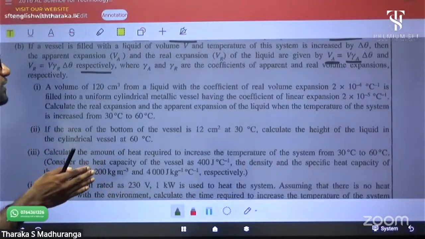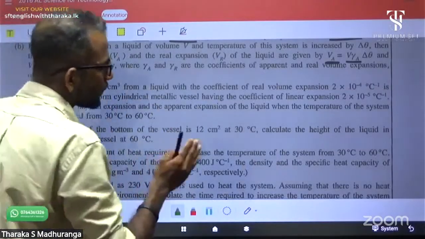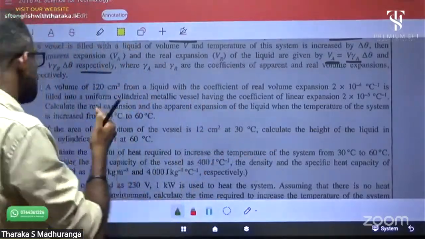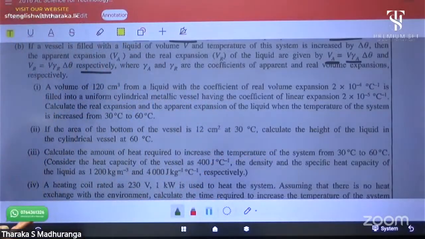Calculate the real expansion and apparent expansion of the liquid when the temperature of the system is increased from 30 to 60 Celsius.